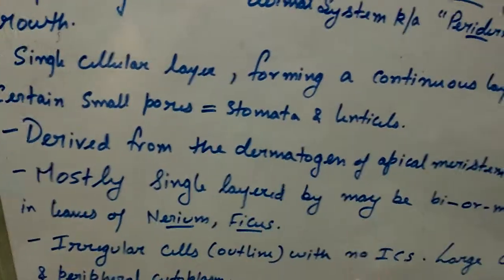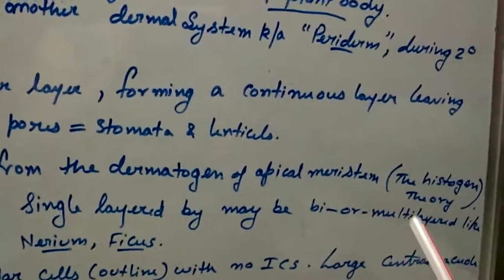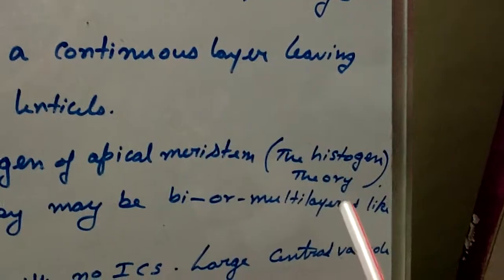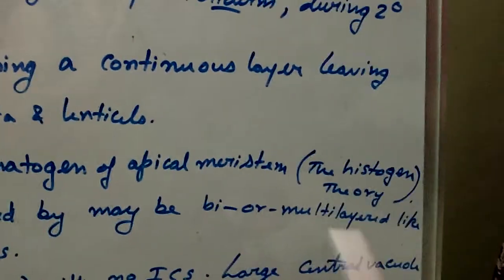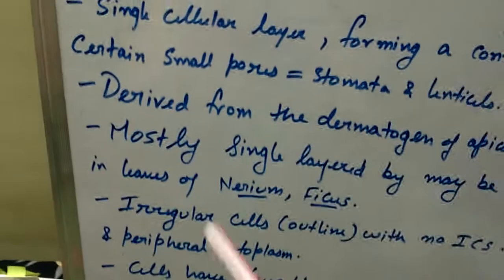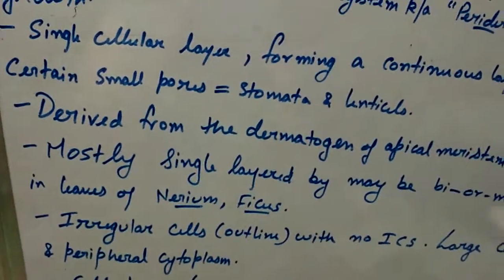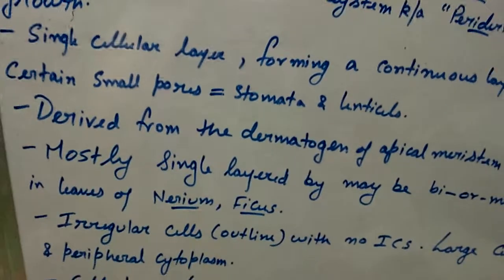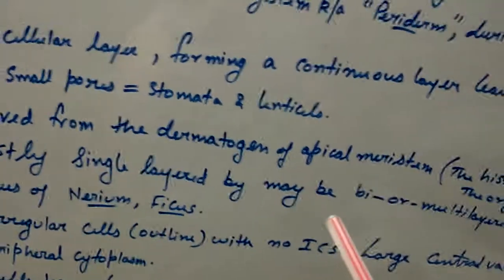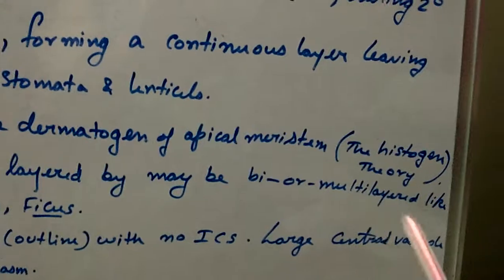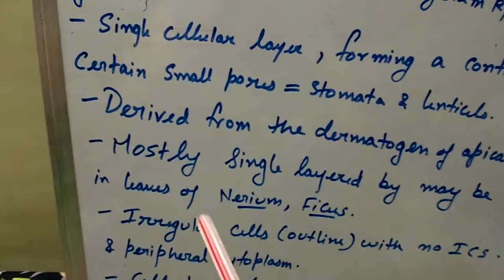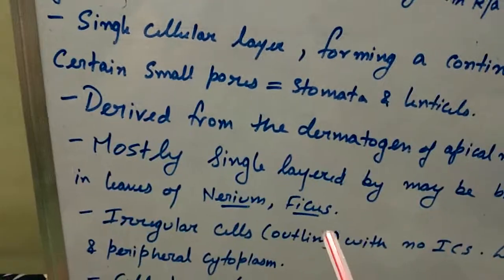Derived from dermatogen of apical meristem, and if you recall, the theory was histogen theory given by Hanstein. Epidermis is mostly single layered, but many times it may be bi or multi-layered, like in case of leaves of nerium and ficus.